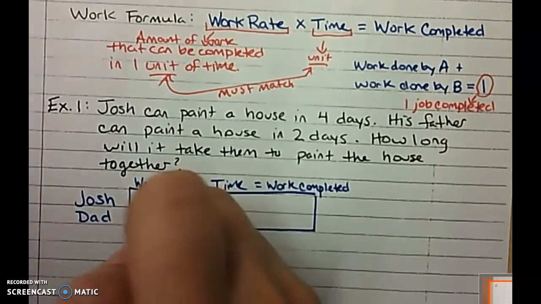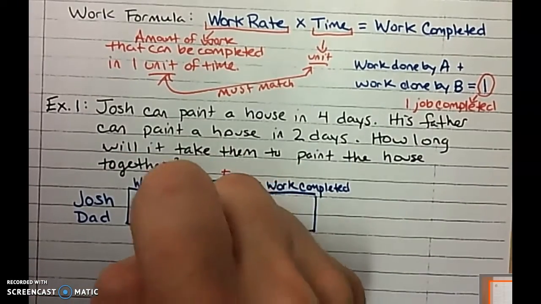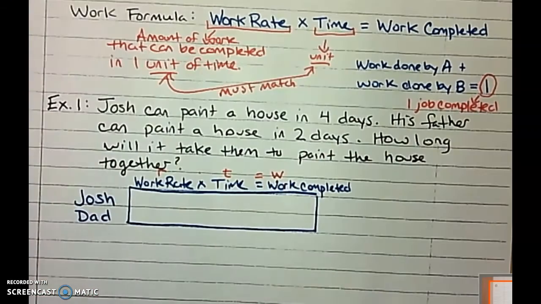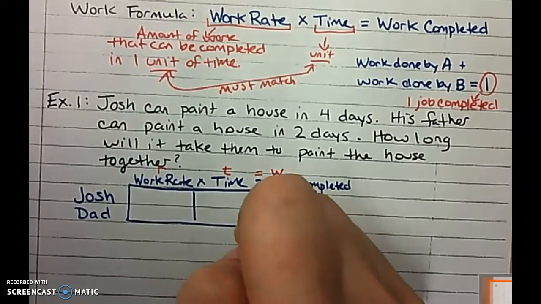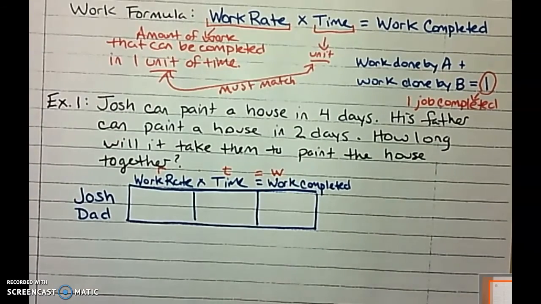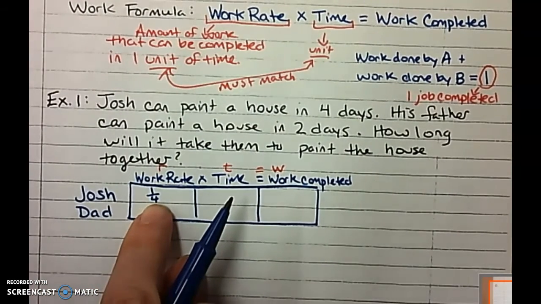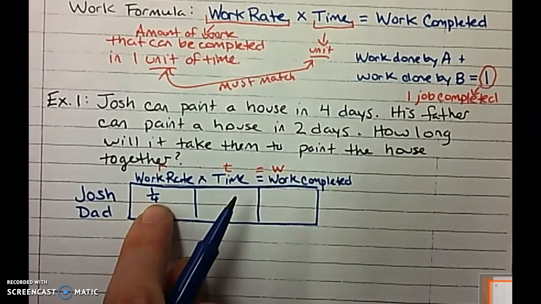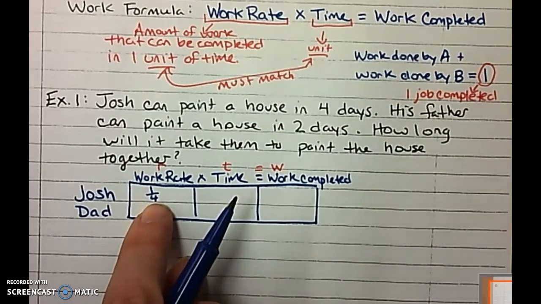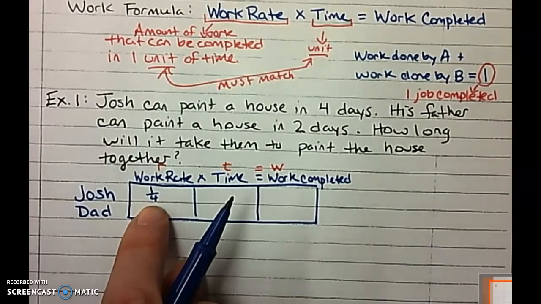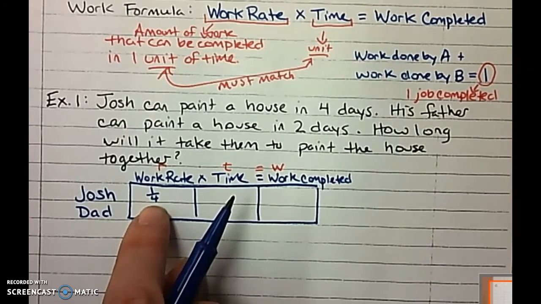So our work rate can be the R times T equals the amount of work, which is W. Okay, so let's finish that off. Josh can paint a house in 4 days. So the rate that he's painting the house is 1/4. Basically he's painting 1/4 of the house every day. So day 1, he's completed 1/4 of the work. Day 2, he completed another 1/4 of the work. Day 3, another 1/4. Day 4, another 1/4. Altogether, all 4 days, he completed painting an entire house.